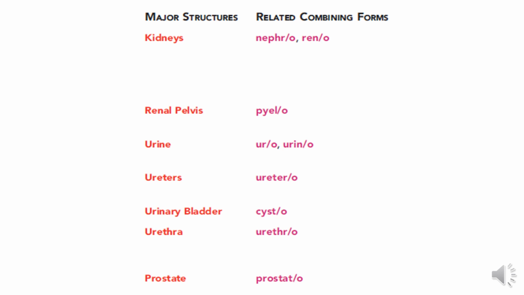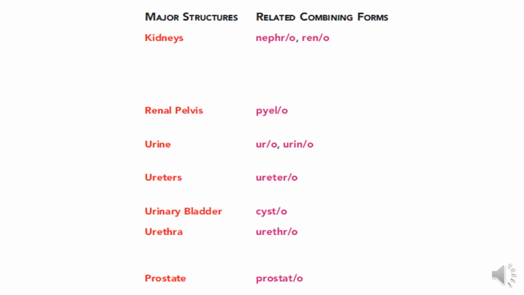These are the combining forms of the urinary system: kidney related, nephro or renal; renal pelvis, pyelo, say pyelonephritis; urine, uro or urino. Urolithiasis means stone in the urinary tract.